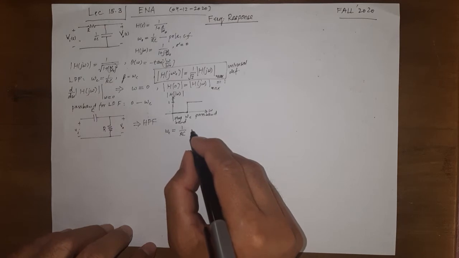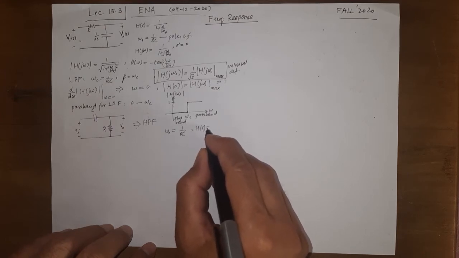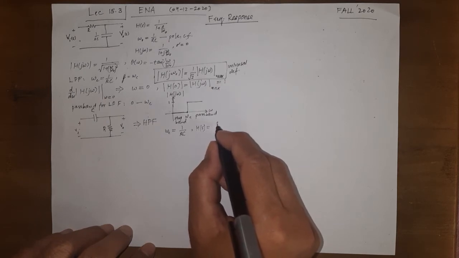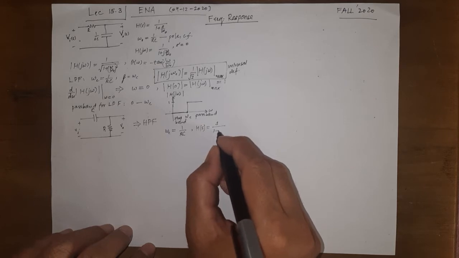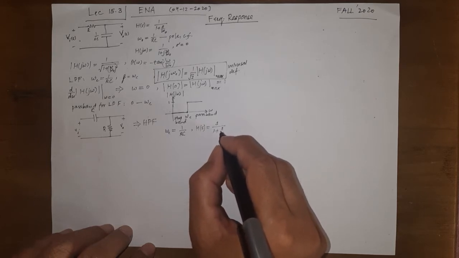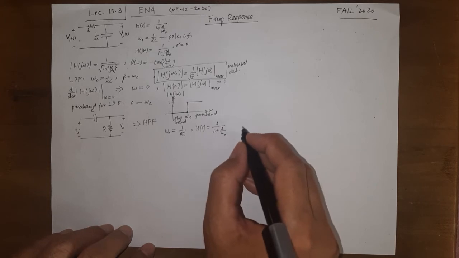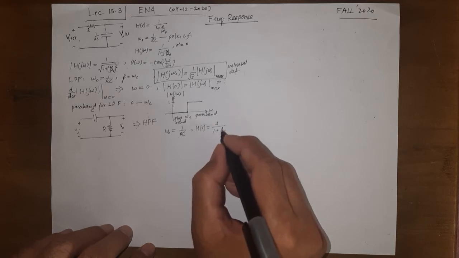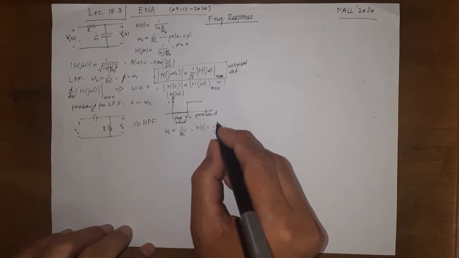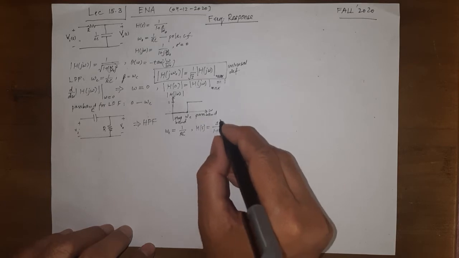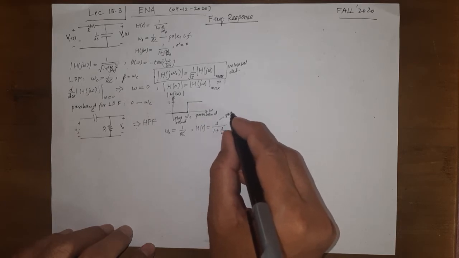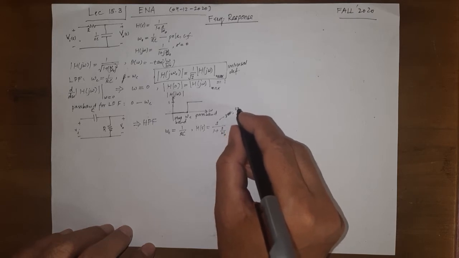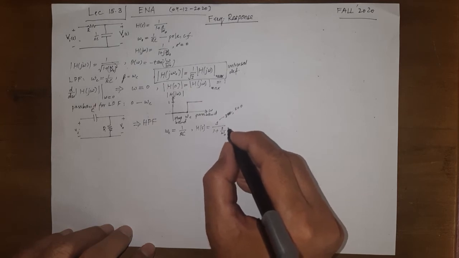I think the transfer function for this circuit, this configuration, would work out to be something like S over omega naught over 1 plus S over omega naught. I'm not sure, but we are going to have an S term in the numerator, so there will be a 0 at S equal to 0 and a pole at omega naught.